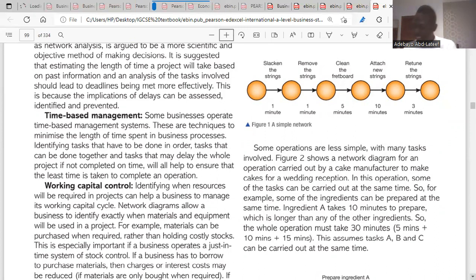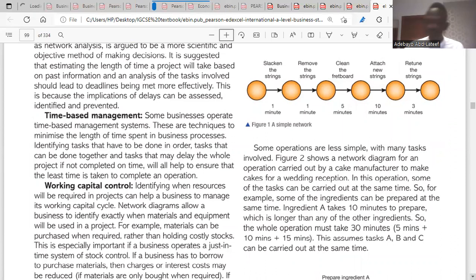This implies that network diagrams allow a business to identify exactly what materials are needed. So working capital is the amount you have to spend to ensure that you have these materials available. You already know with network analysis, you'll be able to know the quantity needed for the production. Do you understand what working capital is here?